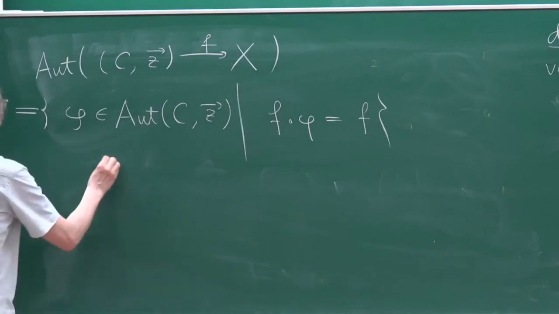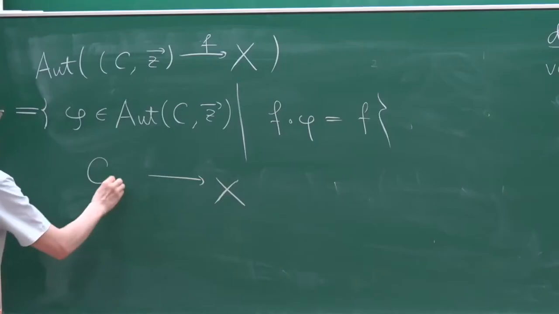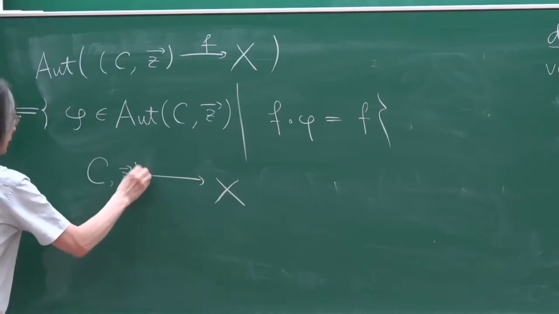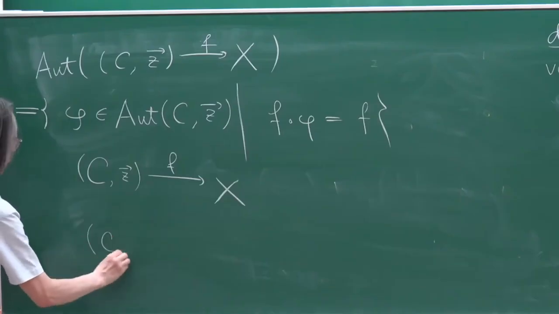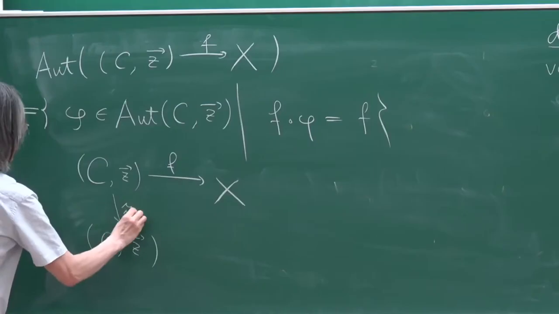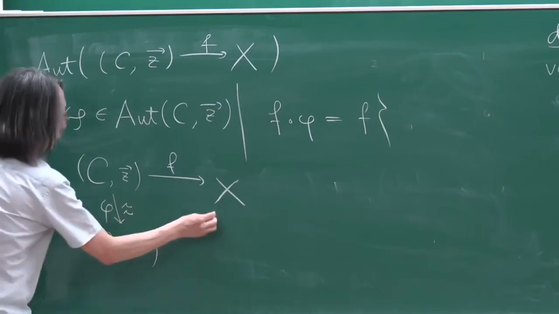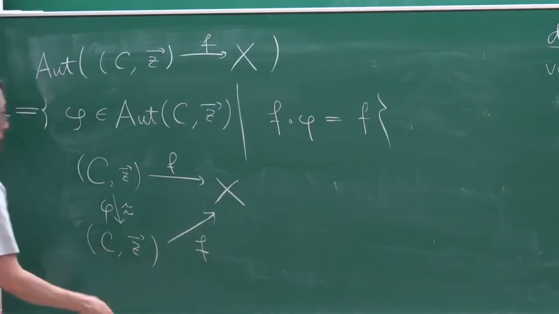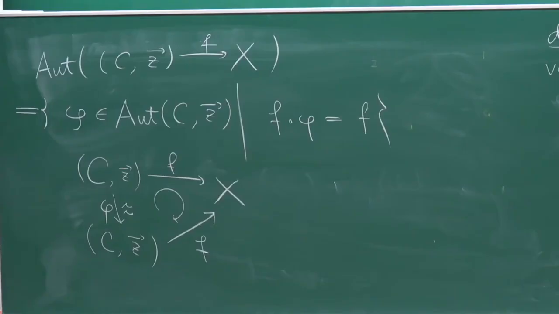So you have C here going to X, maybe Z here. And then here you have C, Z, you have a biholomorphic map phi. Then consider this picture, right? If this one commutes, then we call this phi, biholomorphic phi, an automorphism of this map.